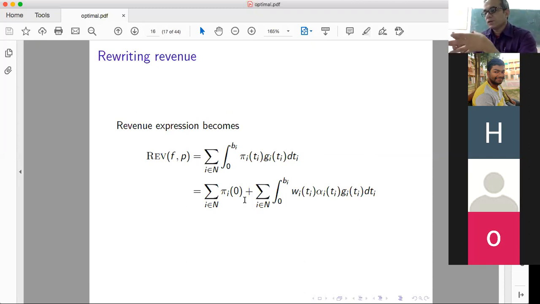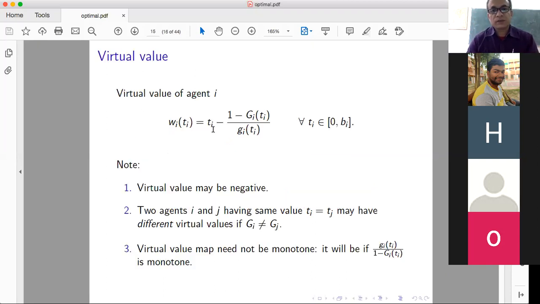Because that's basically the expected value realized by all the agents. But the revenue term would be smaller than that, because that's the maximum that you could achieve, which is the expected efficient value. So the revenue term is smaller than this.